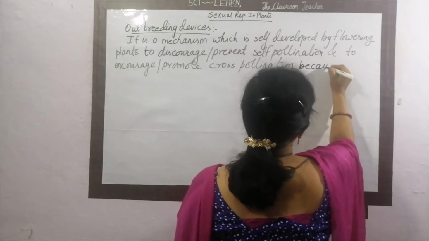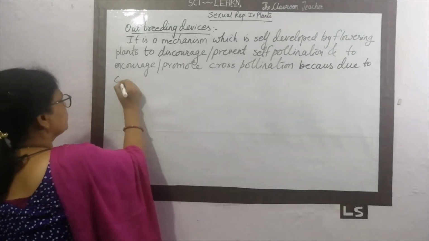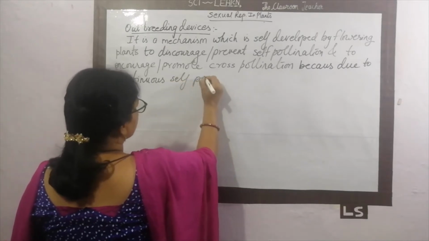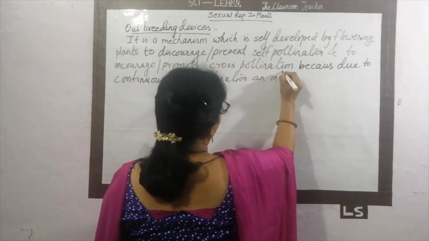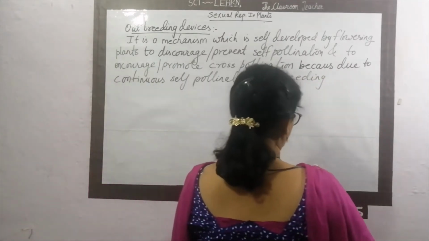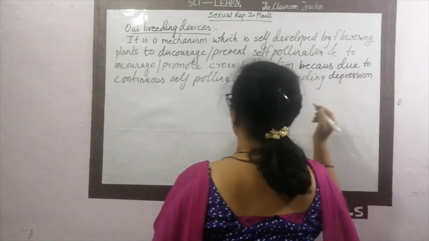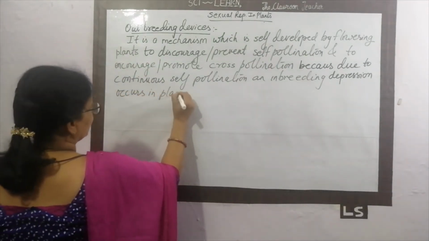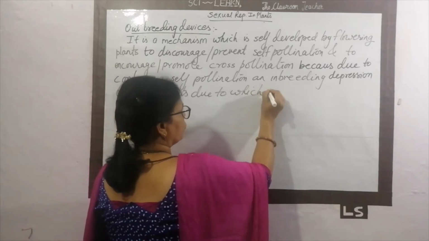Because of continuous self-pollination, inbreeding depression occurs in the plant, due to which, what happens in the plant?